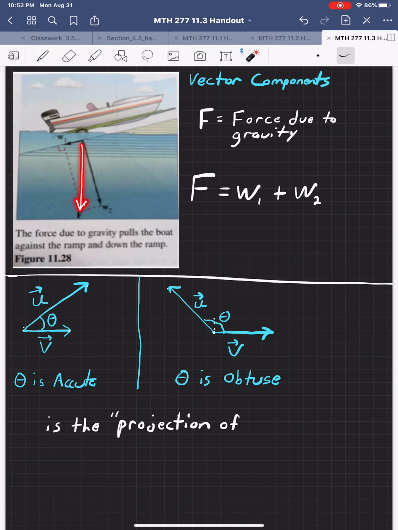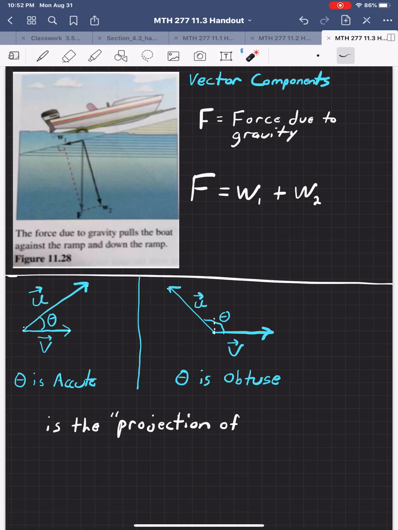For this boat, we know the force due to gravity that this boat is applying here. But we want to start to decompose rather than compose. We want to decompose this force into two other forces, the sum of which equals F.